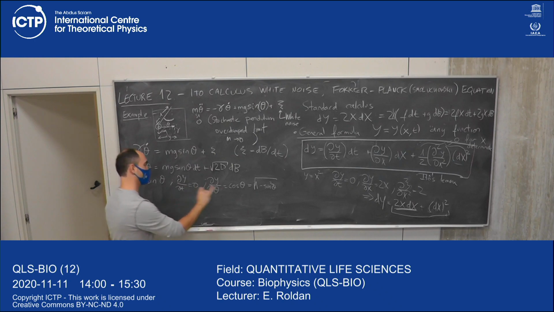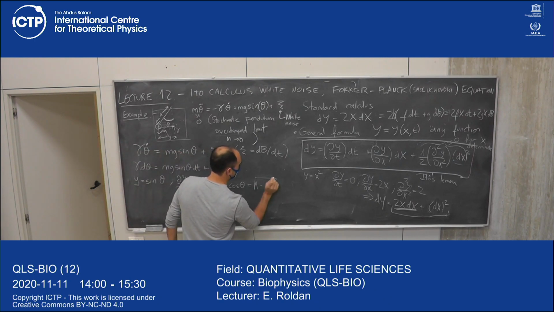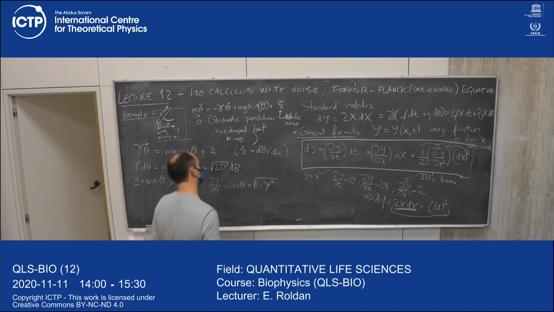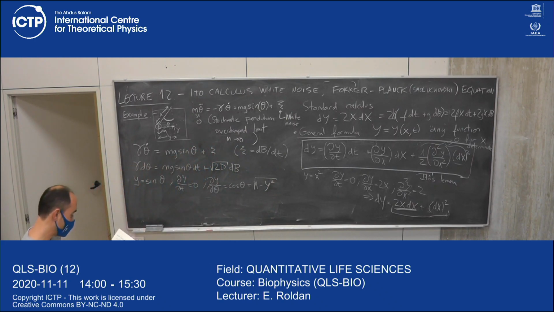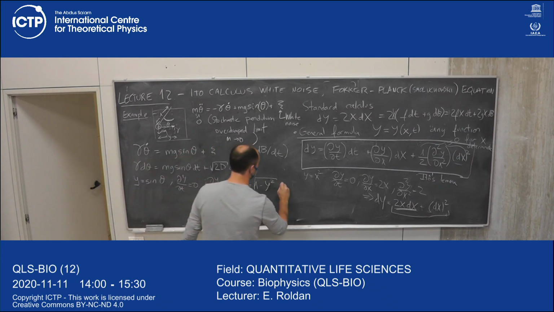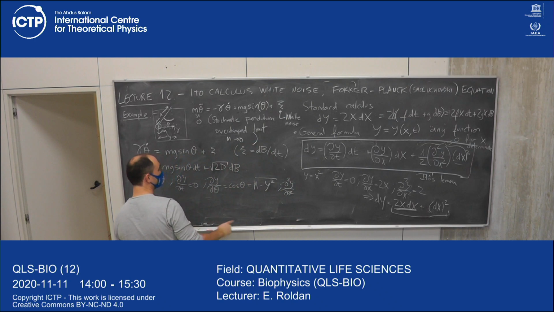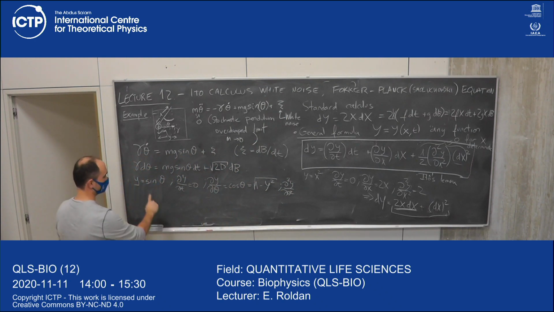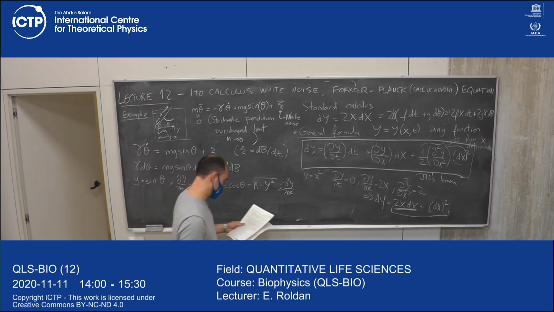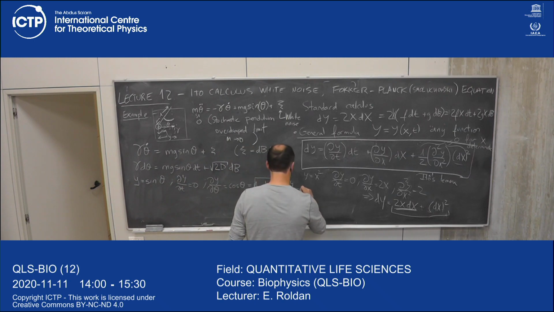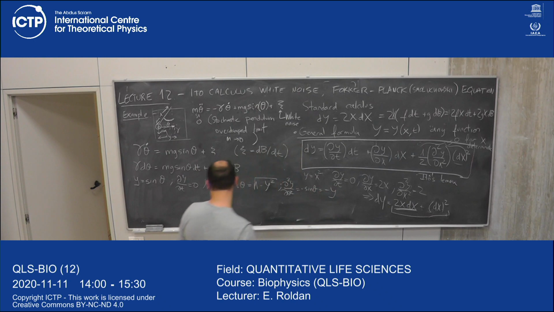Right, so then this is the square root of 1 minus y squared. And next, if we do the second derivative with respect to theta squared, it is the derivative of cos theta, which is minus sine theta, which is minus y.